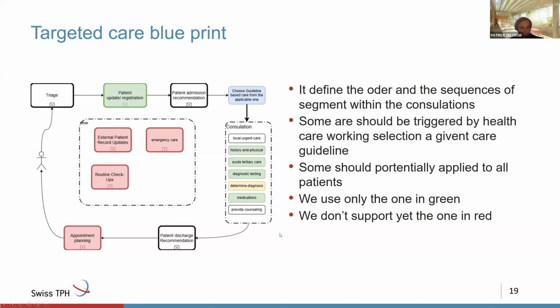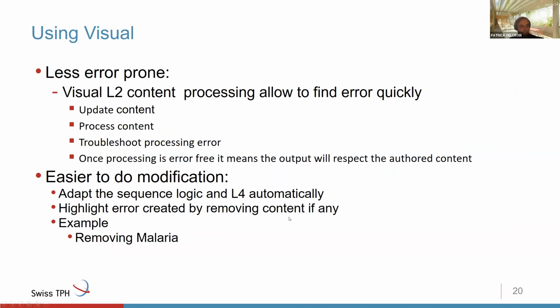We are always open to feedback on that. So what does visual authoring bring? We did it because it's less error prone. Once you define those activities, I will show some examples later on, you do some update and you process it, because the content we have, as I showed, is processed by a tool called Trick.